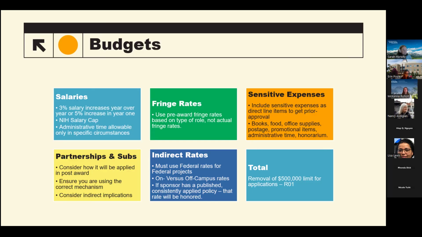So within that, CU and OGC has allowed us to do this in two different ways. The first is a 3% increase from year to year, which matches what we actually are usually projecting. And then the second is a 5% increase from the current salary to the first year of the project, and then to keep it flat across the 5 years.